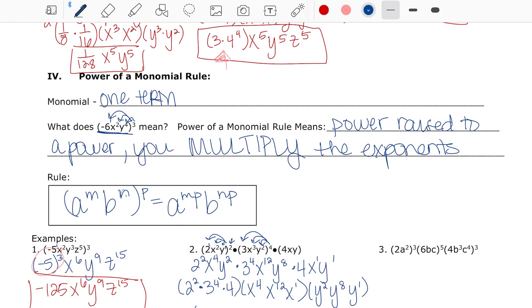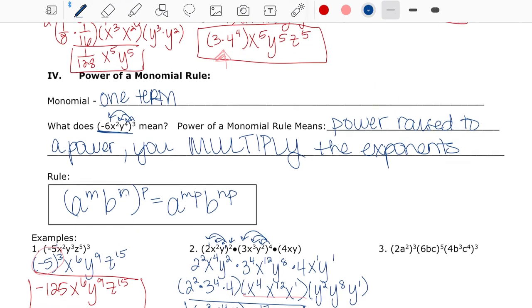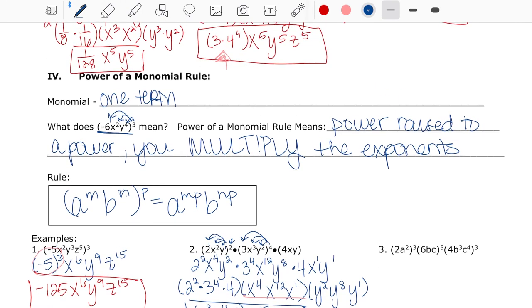But you guys with your calculators at school, please go ahead and find that. So I'm going to write 2 squared times 3 to the 4th times 4. And when I multiply these same bases right here, that's when I add my exponents. So I get x to the power of 17, and then y to the power of 11. And we are done.